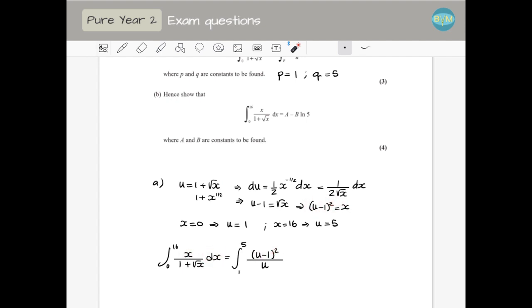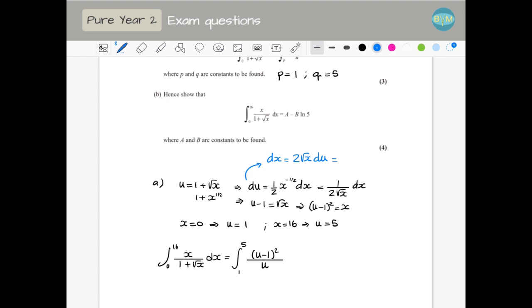And then dx, from here, dx is going to be 2 root x du. But I want to write in terms of u, so I have to substitute root x. So let me do it somewhere else. From here, I have the dx, because that's what I have to substitute, is 2 root x du.